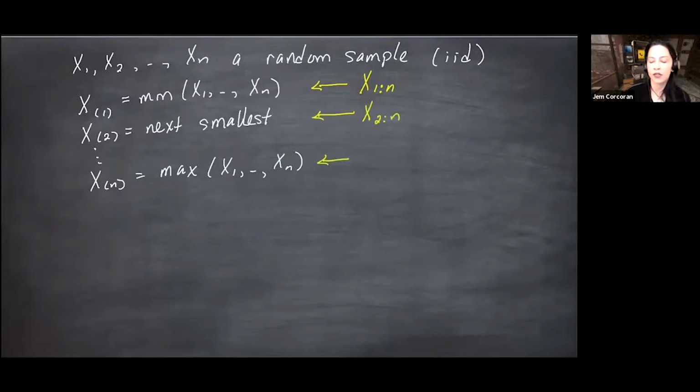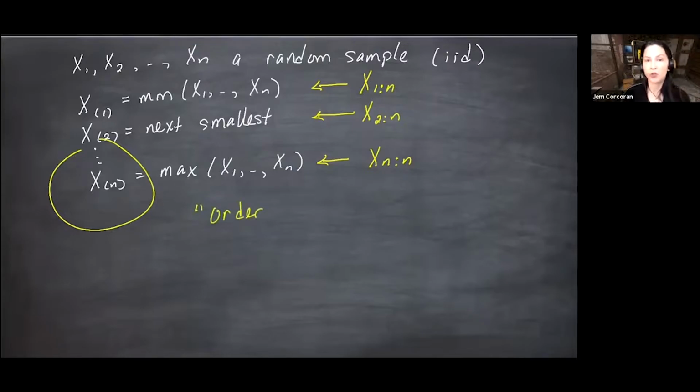I really like this because it shows you what the sample was taken out of, because technically, if you see an X sub n, it could be the nth order statistic, which is what it's called. These are called order statistics. It could be the nth one out of 2n of them, but we're not really going to have anything like that come up. So if you see X sub n in parentheses, it is the maximum value of a random sample of size n.